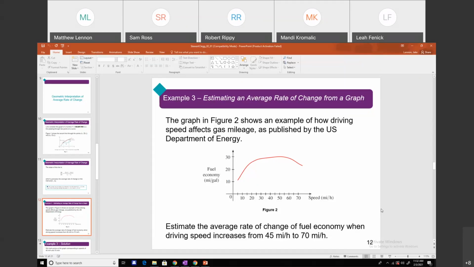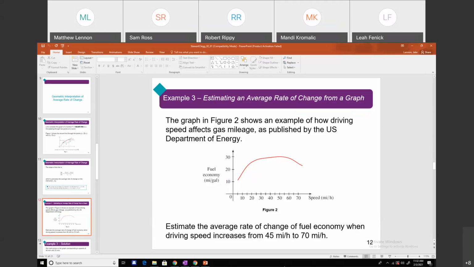Because, again, remember the units of an average rate of change are going to be units of a slope. So your y value units here is fuel economy in miles per gallon, and your speed is the input unit in miles per hour.